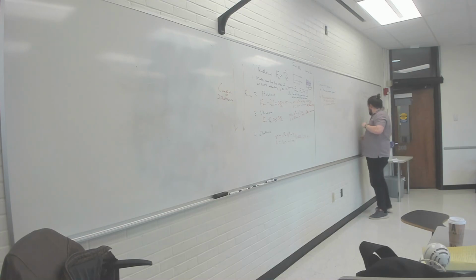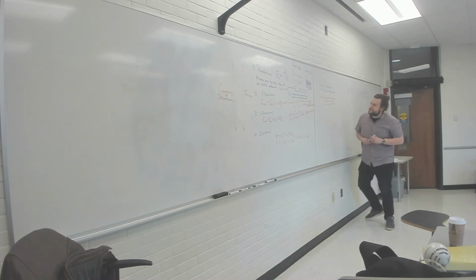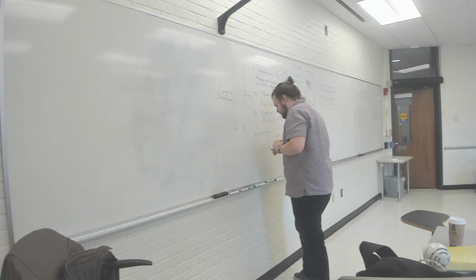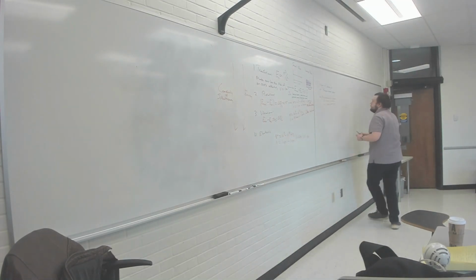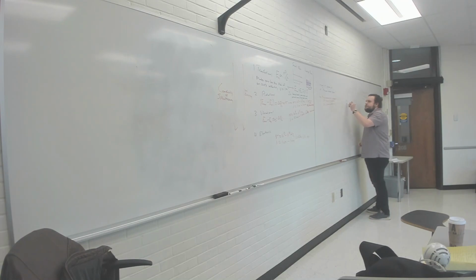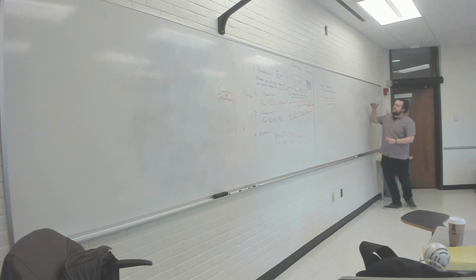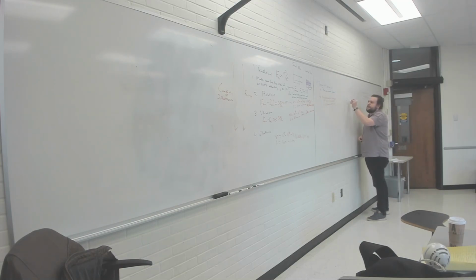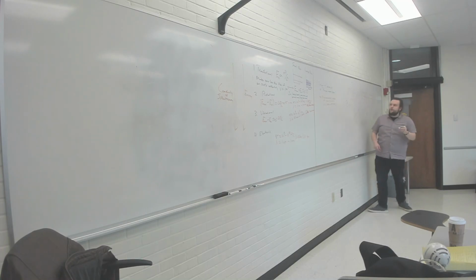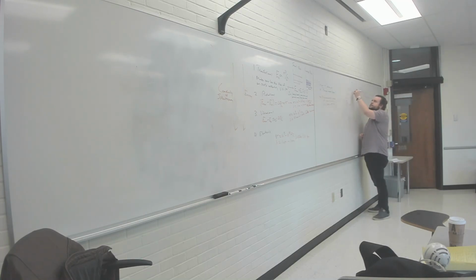In Bohr's model, here's his proton, and he says that the electron can exist in stable orbits at discrete distances. So there's going to be an orbit that looks like this, we'll call that n equals 1. There's another orbit that looks like this, n equals 2. Another orbit that looks like this, that's n equals 3. And the electron can only exist in these orbits. It can't exist in between them. One of the two.